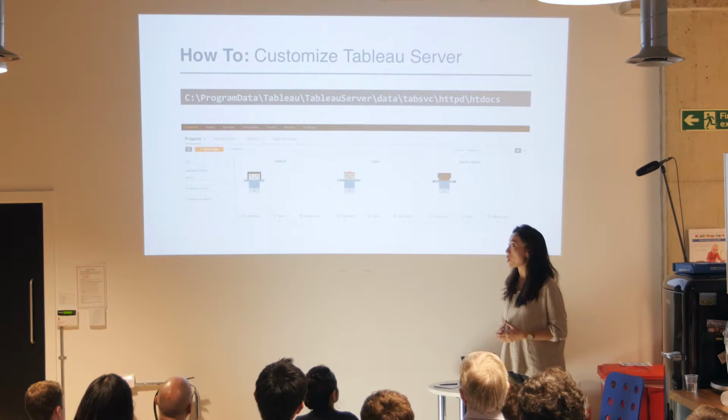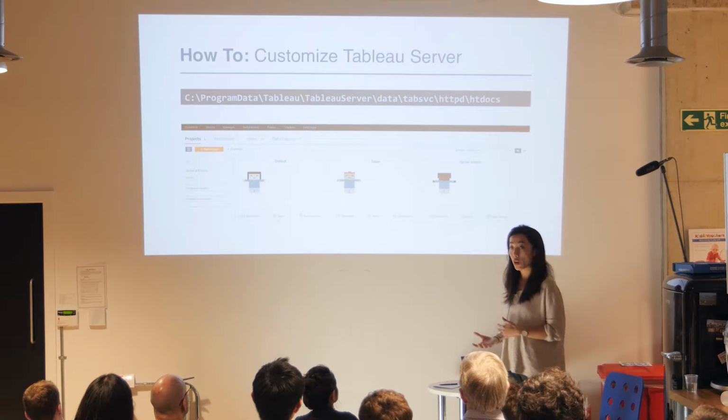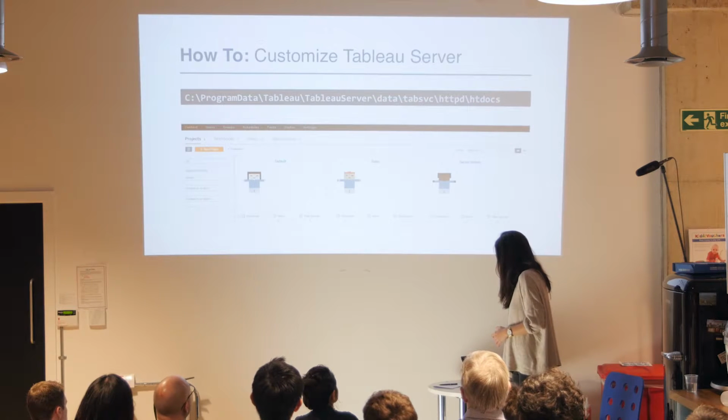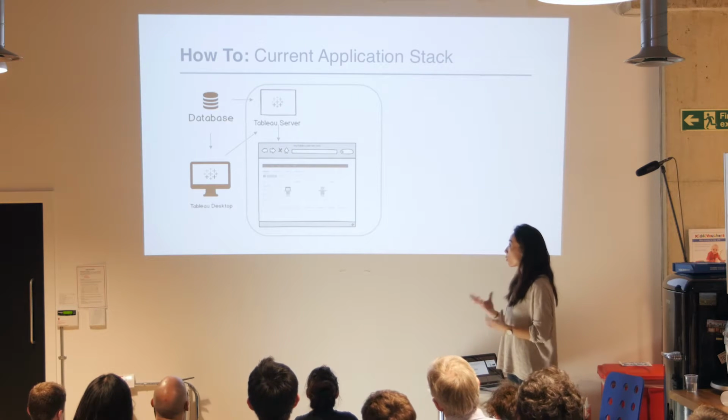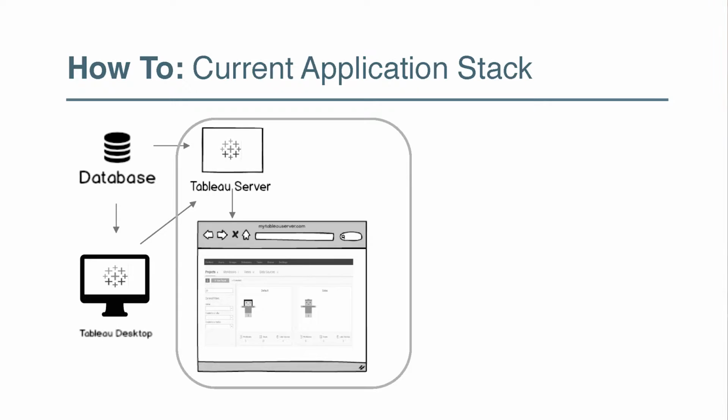What we really want to do is take your visualization out and embed it into your own web pages. This is quite a simplified view of what your current application stack might look like. You have your database, which holds your data, and then that's being consumed by Tableau Desktop or Tableau Server. All of your content lives in the Tableau Server box, and your user accesses it via the web page that everyone knows.